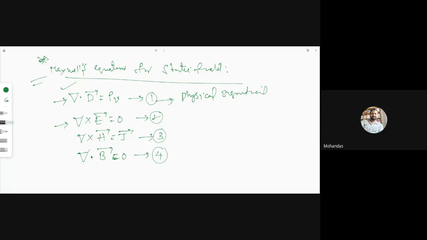The second means work done in moving a charge in an electrostatic field is 0. The third means curl of the magnetic field is equal to current density. And del dot B equal to 0 means isolated magnetic charge doesn't exist. Each Maxwell equation has its own physical meaning, and you have to explain each one.